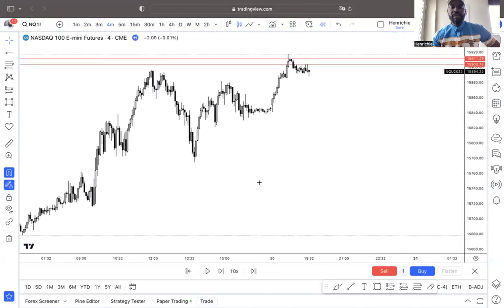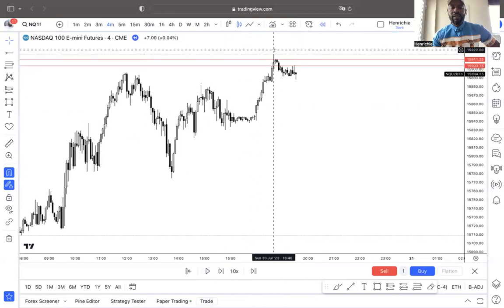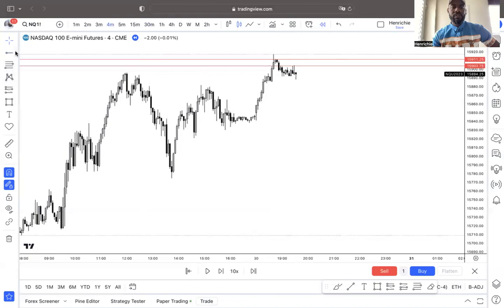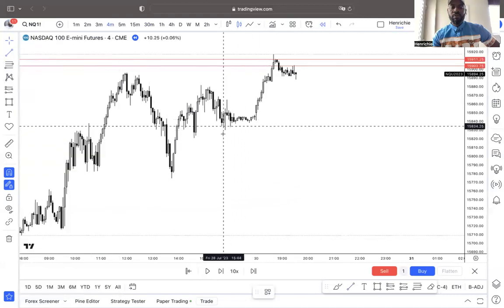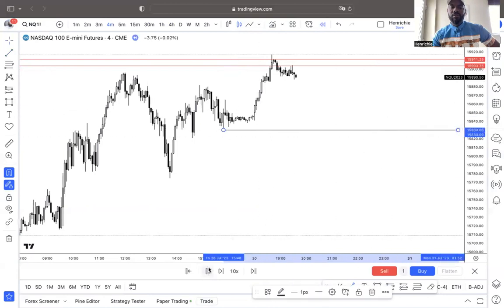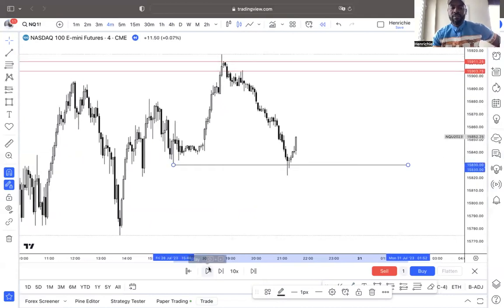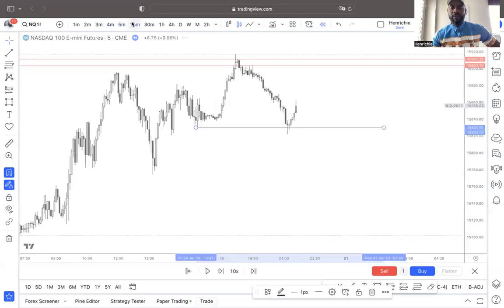Now we're waiting for a 4-minute shift in market structure, and this is our low and this is our high. Once the market goes below the low that created that high, I will regard that as a shift in market structure and then look for possible sell positions. So you can see the market has taken that low.